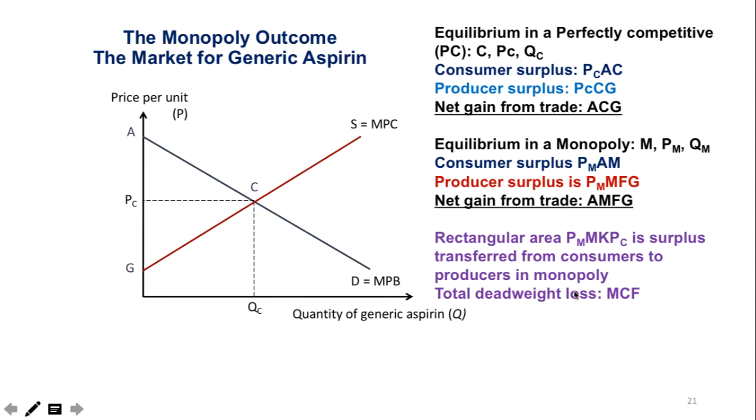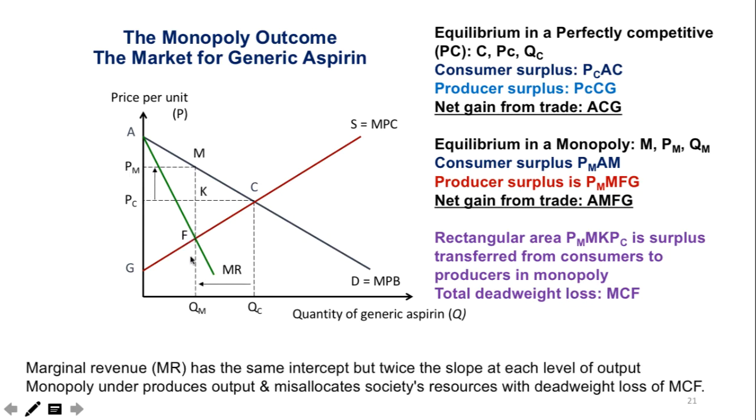So now let's see the monopoly. The monopoly determines the level of production at the intersection of marginal revenue and supply. The marginal revenue has the same intercept as the demand curve, but twice the slope at each level of output.